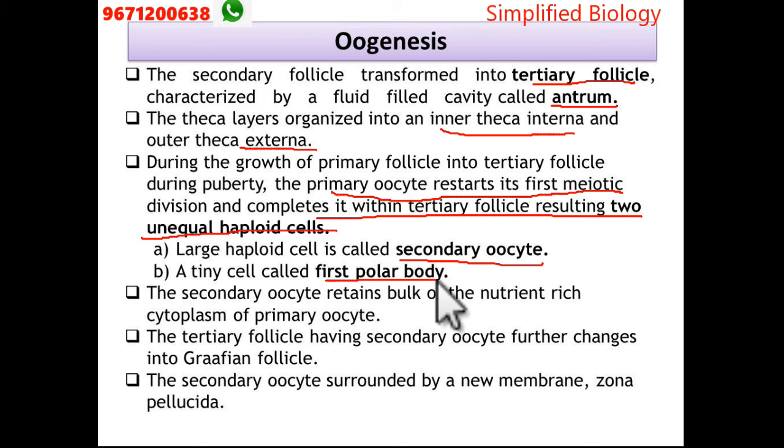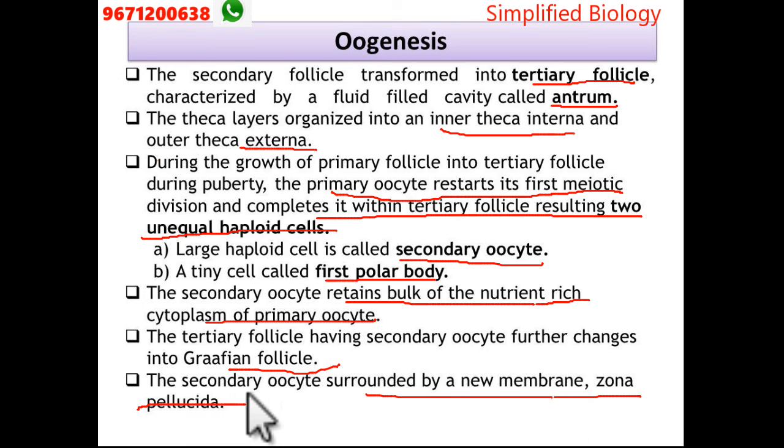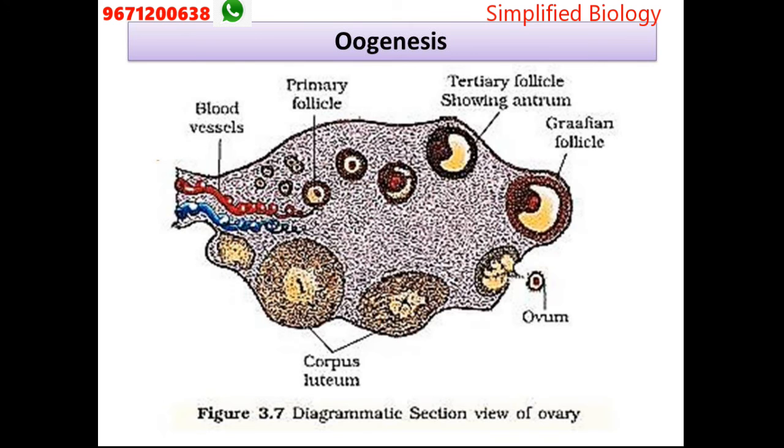The first polar body degenerates, so the rest will be the secondary oocyte. The secondary oocyte retains the bulk of the nutrient-rich cytoplasm of the primary oocyte. So the tertiary follicle having the secondary oocyte further changes into the Graafian follicle, and the secondary oocyte is surrounded by a membrane named the zona pellucida. Which layer is there? Zona pellucida. Then I will show you the diagram.